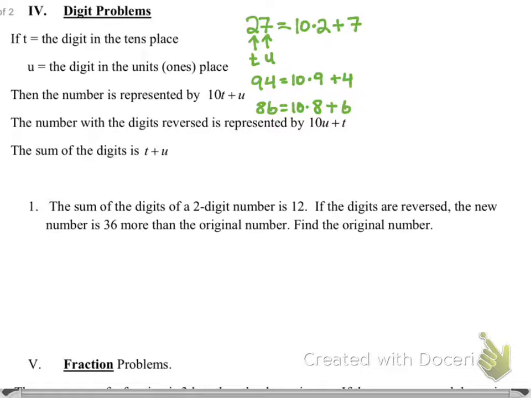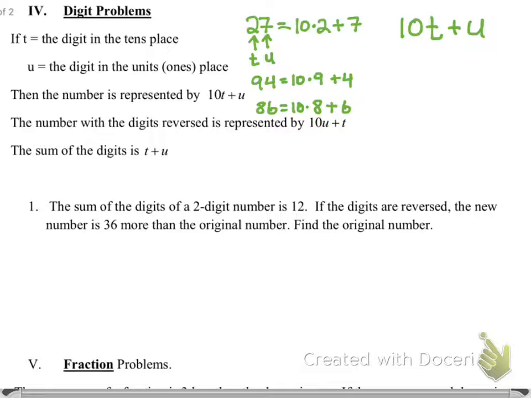A 2-digit number is 10 times t, so in our first case, 2, plus u. That's 10 times the tens place number plus u. And so you'll see that right here. The original number is 10t plus u. Okay?